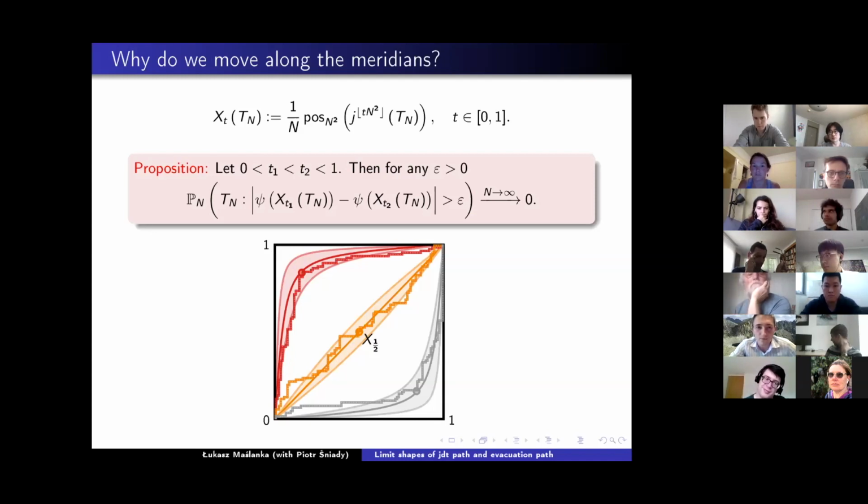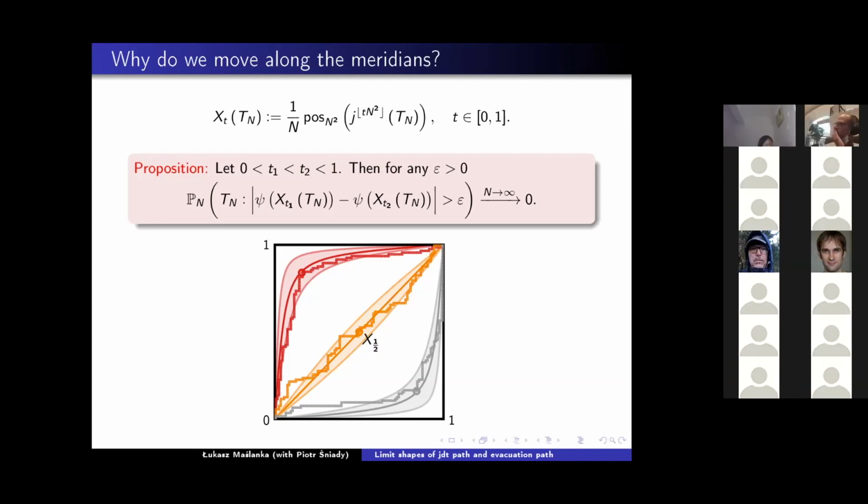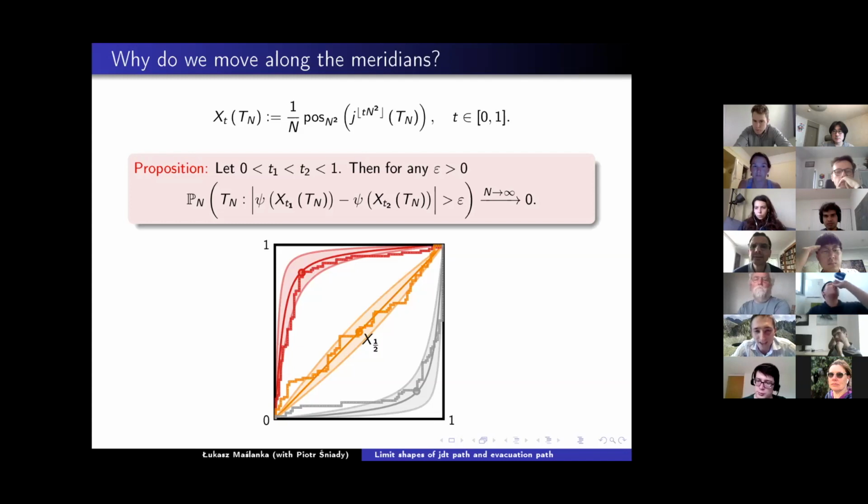The proposition below says that if we have two given moments of time, then the longitude of the position of the biggest box in the first moment and in the second shouldn't differ a lot.